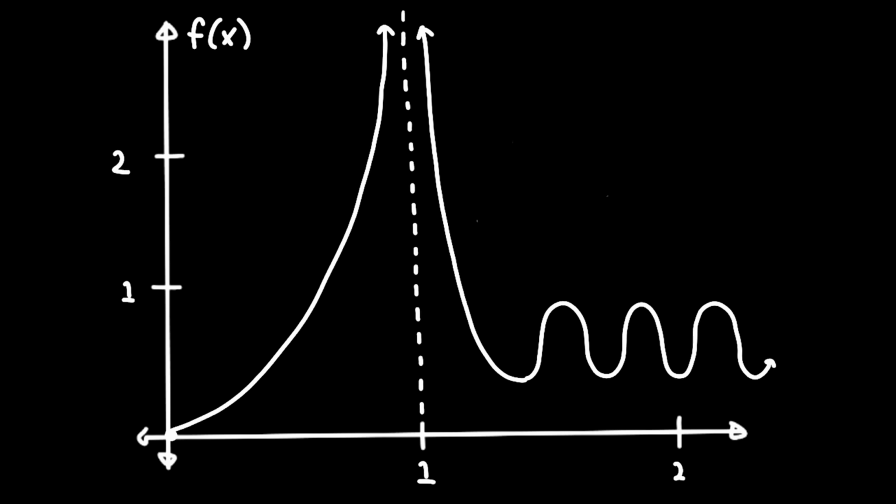Now, another reason that a limit may not exist is if it has some kind of oscillatory motion. So let's say we wanted to take the limit as x approaches infinity of f of x. We're going to have to consider the end behavior of this graph.